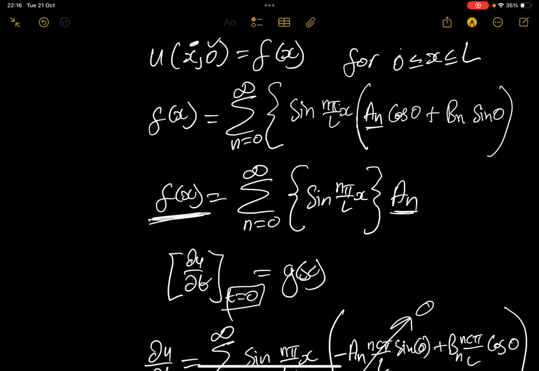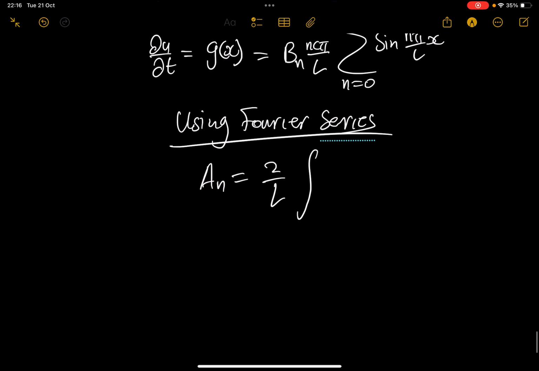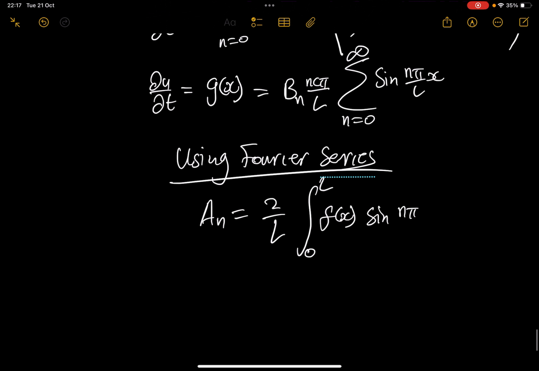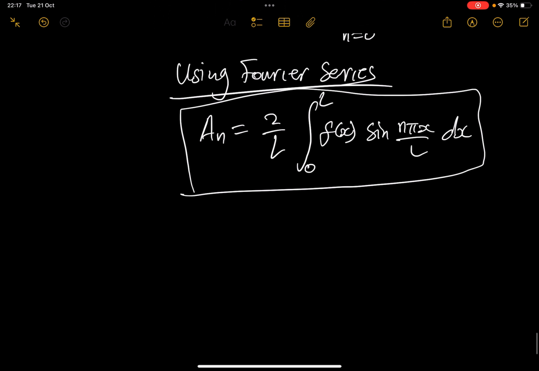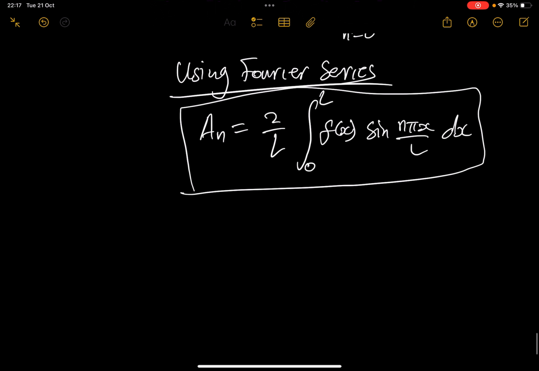So a is associated with f of x, so this is going to be from 0 to L f of x sine n pi x over L dx. So this is the value of an if you use the Fourier sine series.